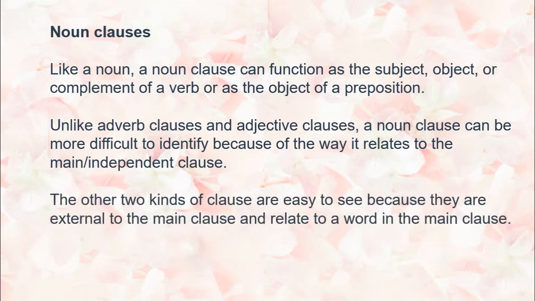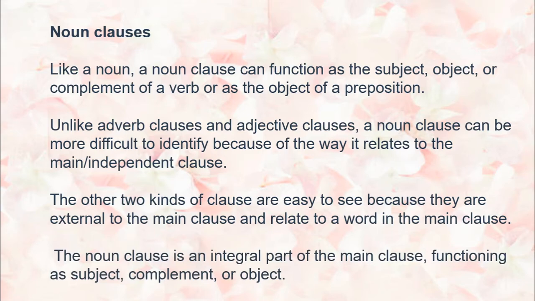The other two kinds of clause are easy to see because they are external to the main clause and relate to a word in the main clause. The noun clause is an integral part of the main clause, functioning as subject, complement, or object.